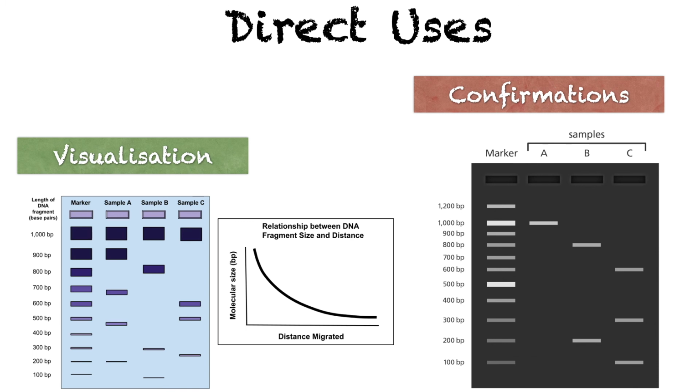And after doing the experiments, we have to visualize our result. That means we have to see what the result is. So to visualize if we are doing the right work, or to visualize what exactly happened during the reaction, we do gel electrophoresis.